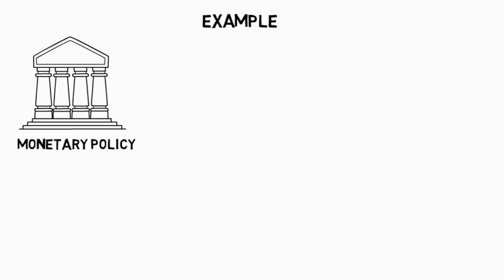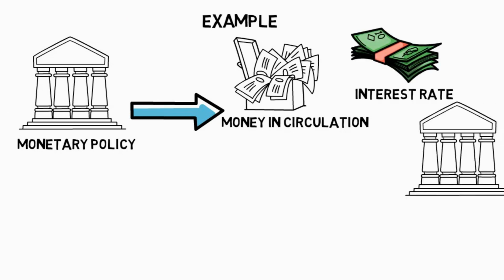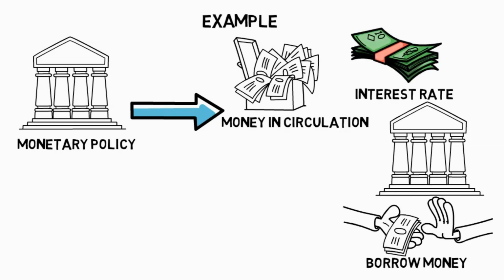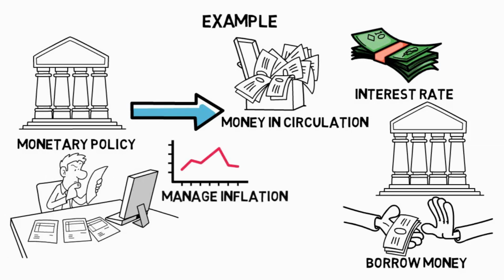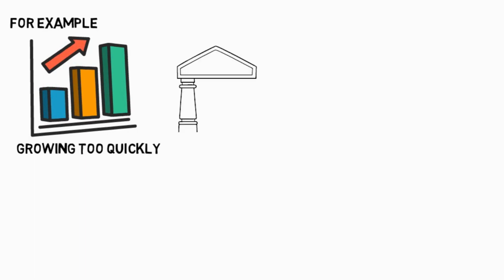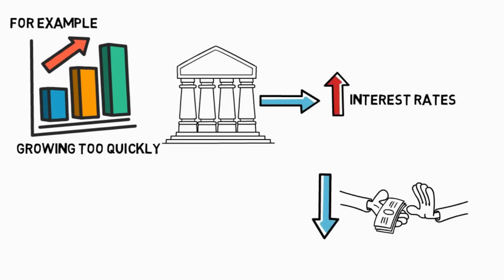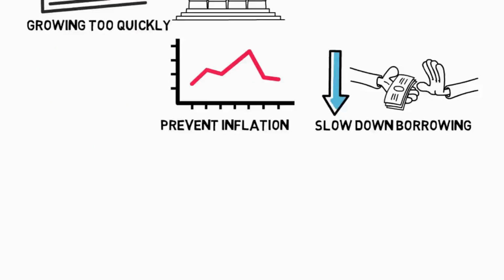For example, central banks use monetary policy to influence the amount of money in circulation and the interest rate at which commercial banks can borrow money. This can help to manage inflation and ensures that the economy remains stable. For example, if the economy is growing too quickly, the central bank may raise interest rates to slow down borrowing and prevent inflation. Number 6.